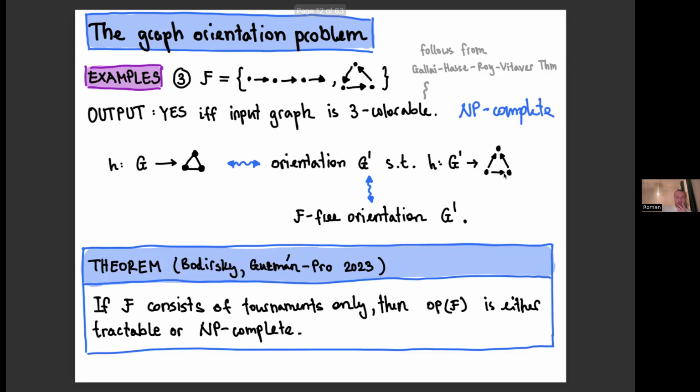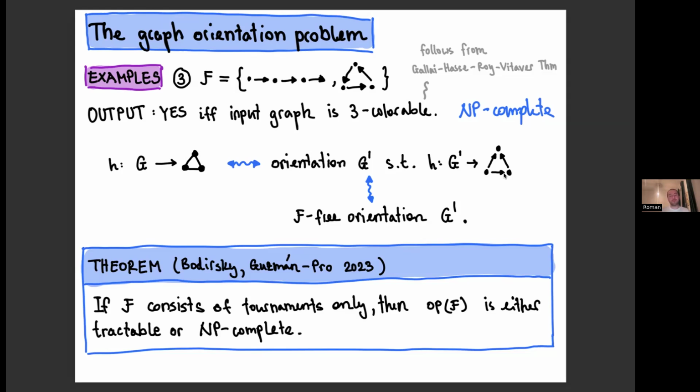Okay. So now we've seen that the graph orientation problem can be NP-complete or it can be polynomial time solvable, constant time solvable being obviously a special case of polynomial time solvability. And this was actually proved by Manuel Bodirsky and Santiago Guzmán Pro in 2023.